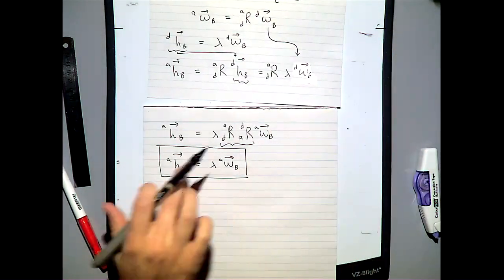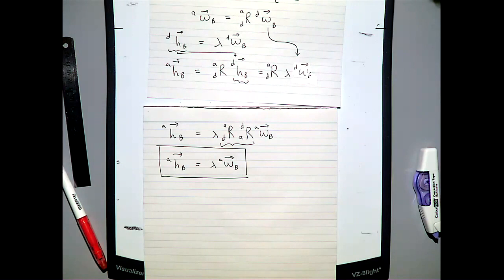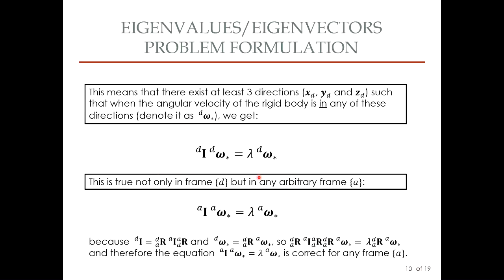So this result here, I'm just going back to the slides. If my magical frame D satisfies this thing, it also satisfies this thing in frame A, given that omega is in one of these magical directions, one of the principal axes.